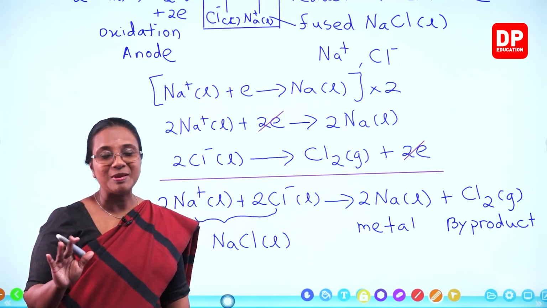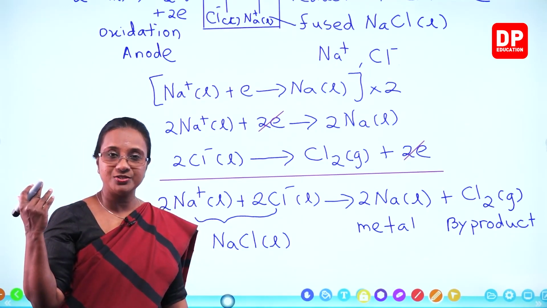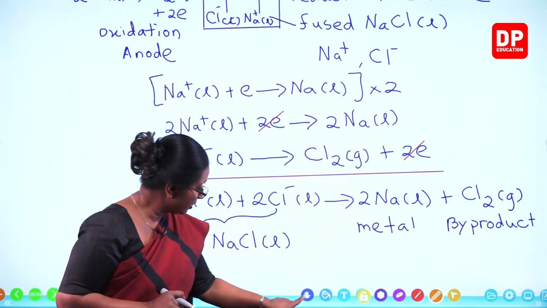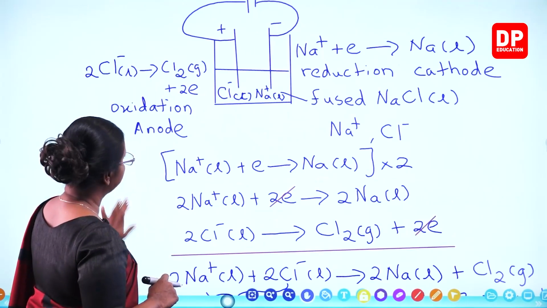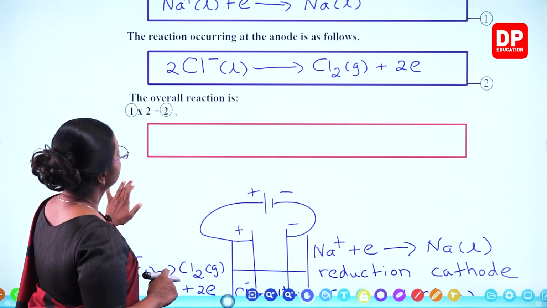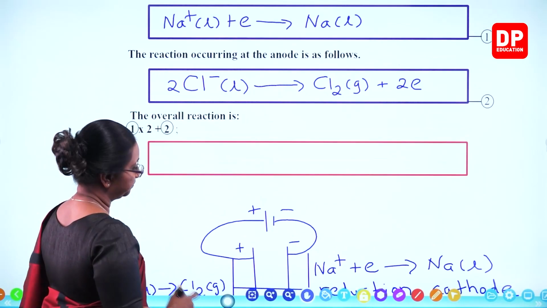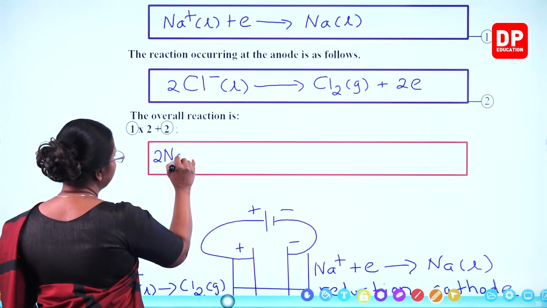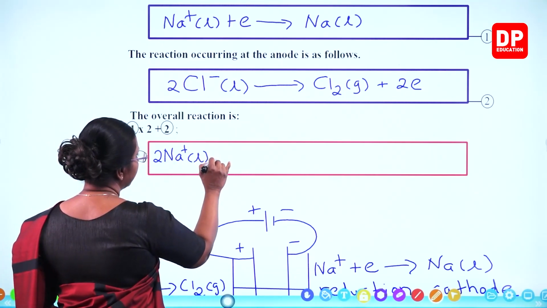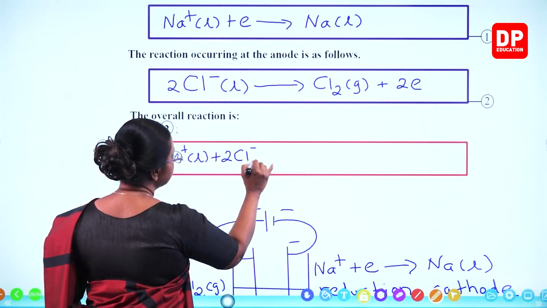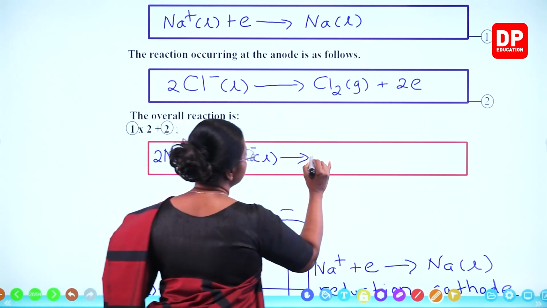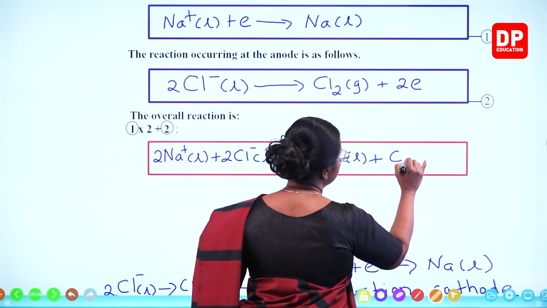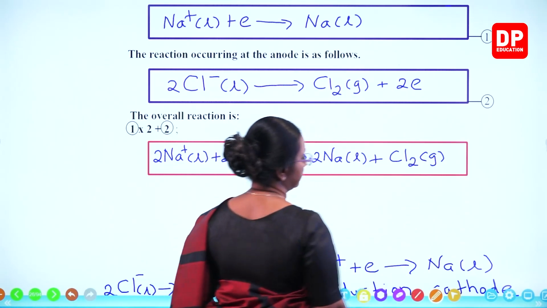I'm sure you all can remember that from the previous chapter also, students, but just to recall how we balance the equation, this is what I'm going to write there. So the overall reaction. What is the overall reaction? 2Na+ (liquid) plus 2Cl- (liquid) giving rise to 2Na (liquid) and Cl2 gas.